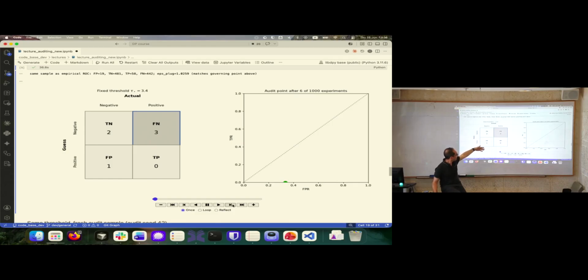So here we have, I don't know, six experiments already. 3 of them truly came from the positive distribution and were guessed negative. 2 of them came from the negative and were guessed negative, and 1 came from the negative distribution and was actually guessed positive. The false positive rate is greater than 0, but the true positive rate is still 0. True positive rate is this.